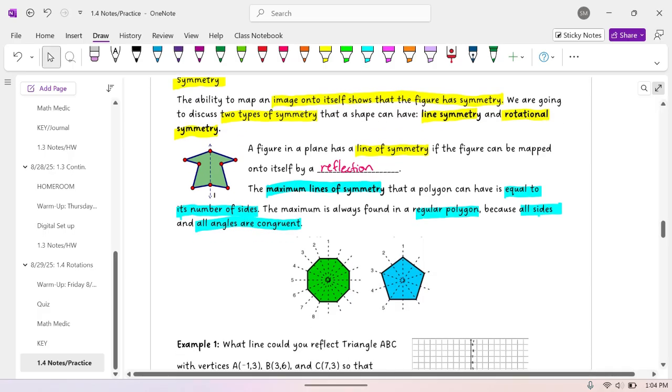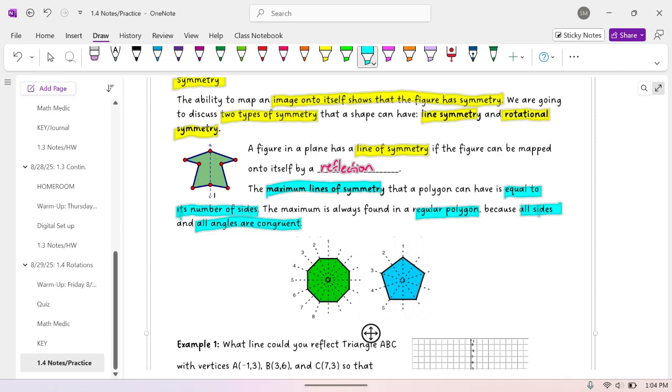So for example, if we look at the two shapes below, the octagon right here has 8 lines of symmetry max because it's a regular octagon, meaning all the sides are congruent, and they show all the 8 lines here. The pentagon has 5 max lines of symmetry because it has 5 congruent sides.